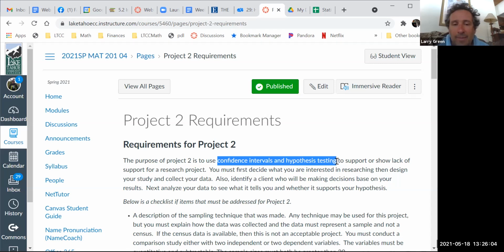Okay, that is the biggie. And it has some similarities to project one and many differences, just note. So one similarity is you have partners. That's the same. You can have different partners, but you have to have partners, 2 or 3 in your group.